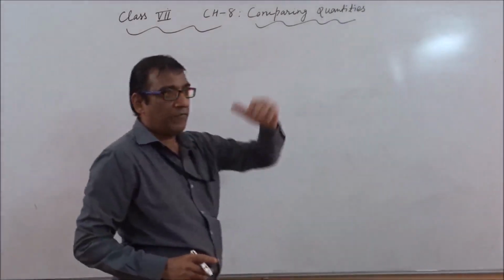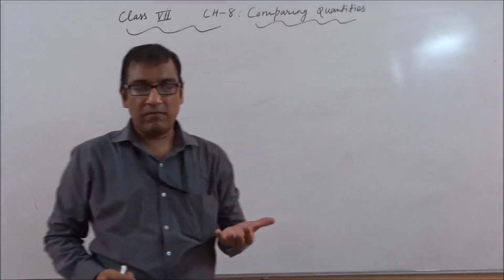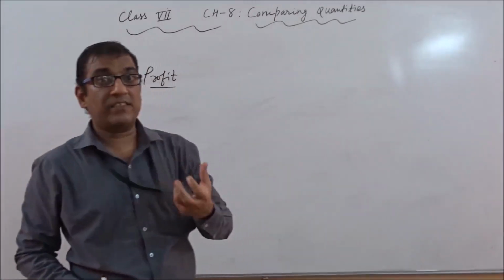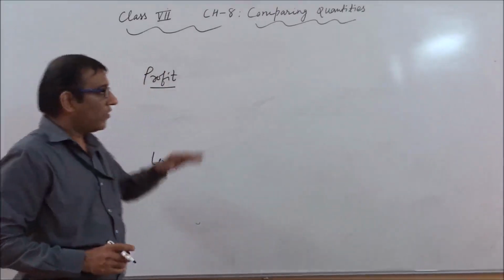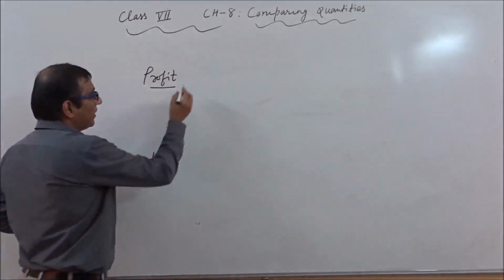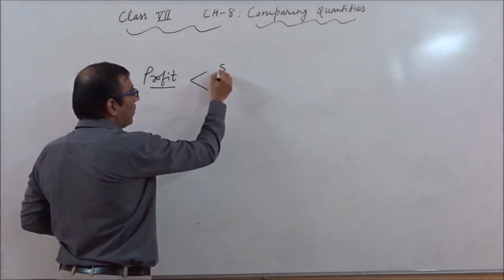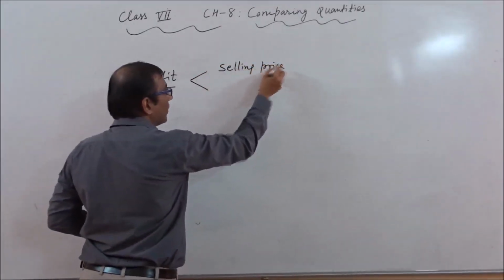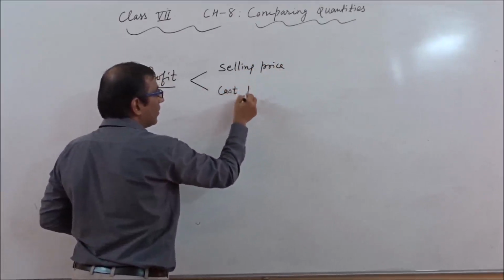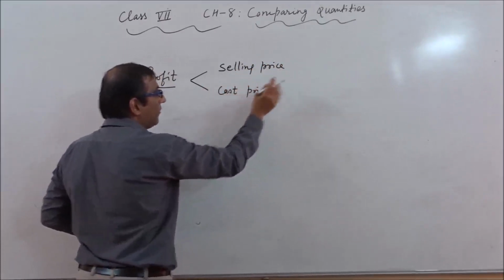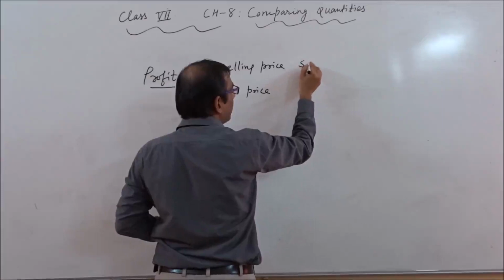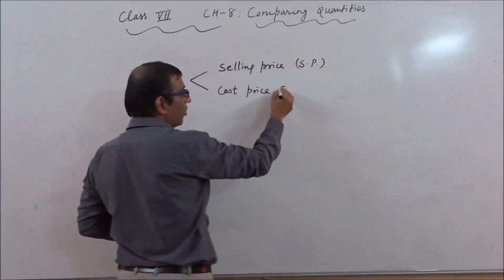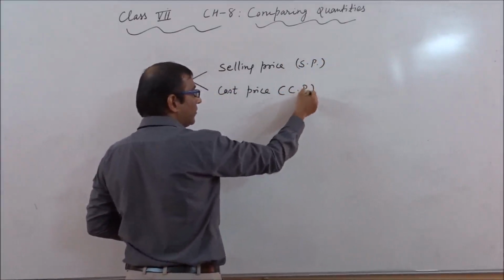And if we sell something to someone, what we get is the selling price for us. So basically, profit is related with selling price and cost price. Selling price is represented by S.P and cost price by C.P.